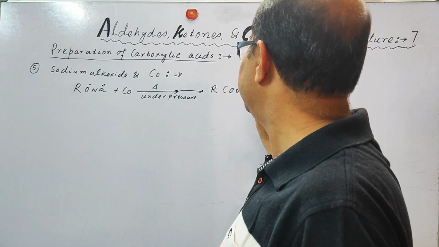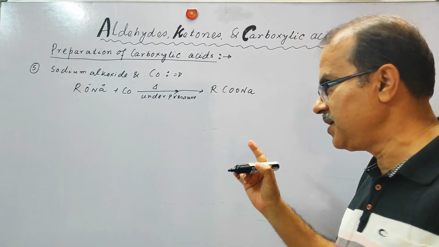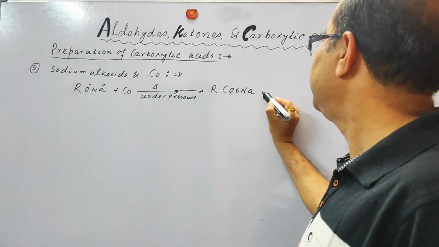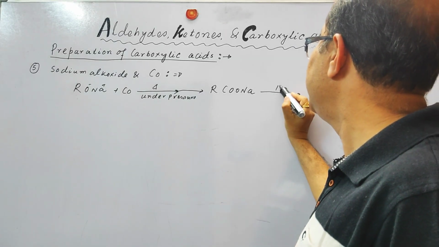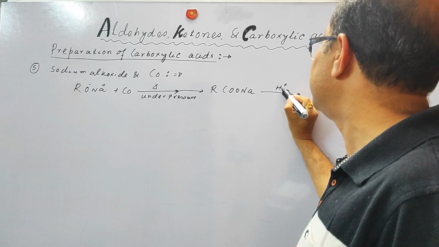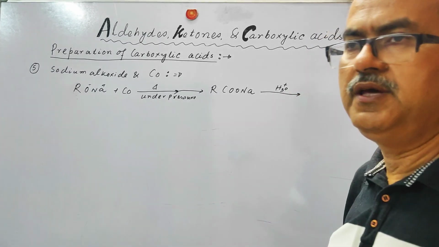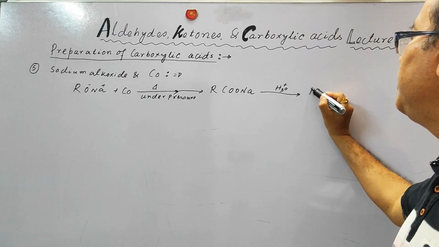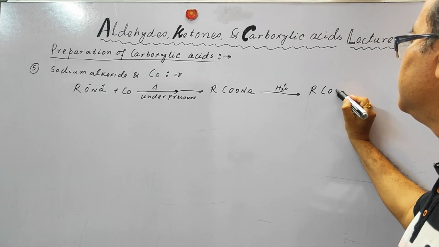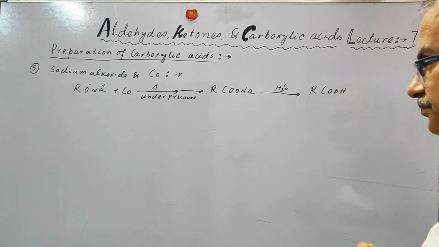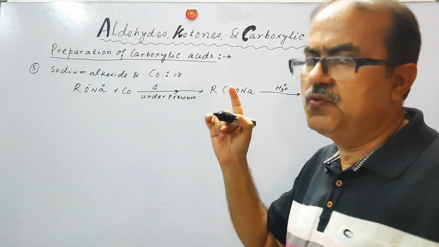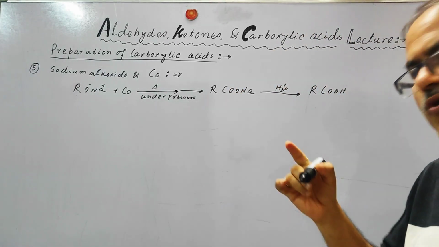Not directly the carboxylic acid, it will first produce the sodium salt of the carboxylic acid, and after that we hydrolyze it in presence of acid, and it is going to produce the carboxylic acid. In this process, we also produce formic acid.